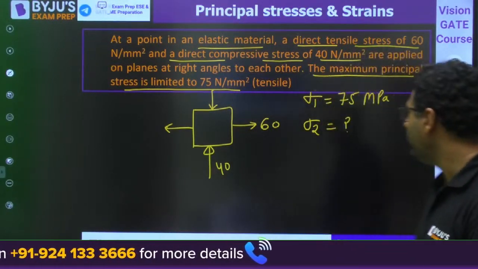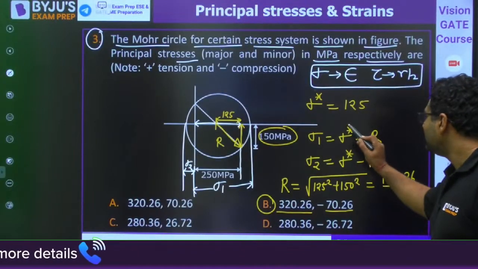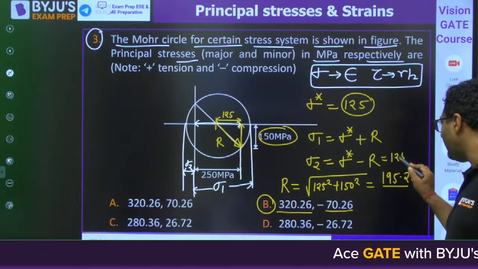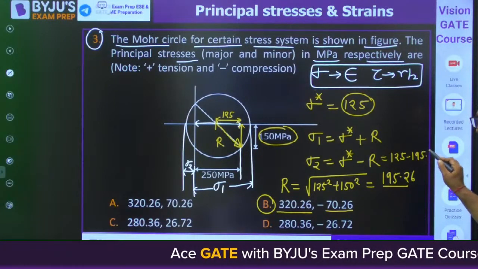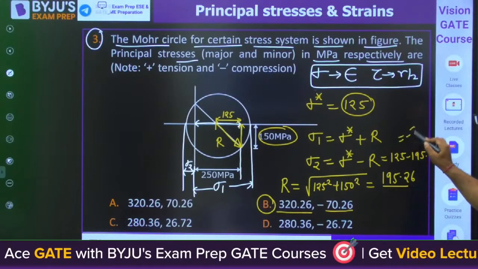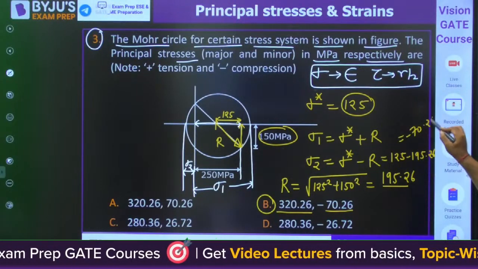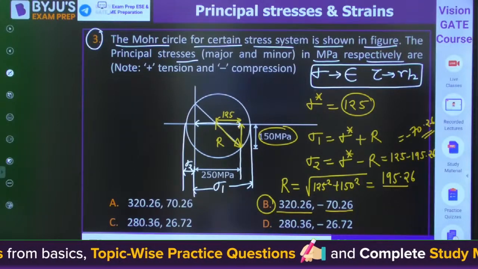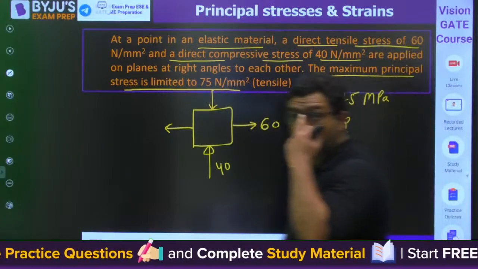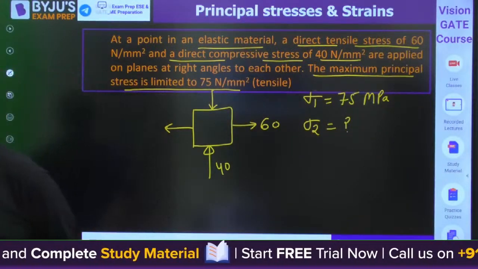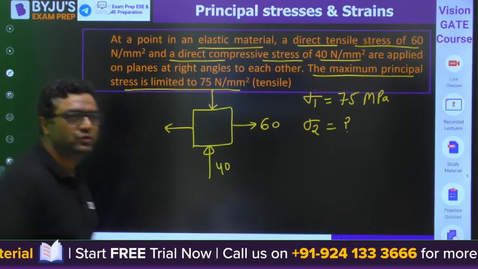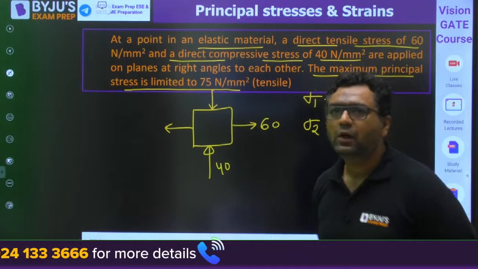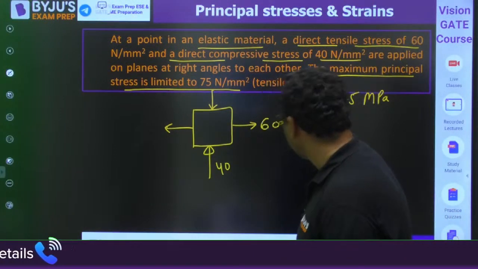Vineet, negative will be coming because this sigma star is 125. When you say 125 minus 195, it will be coming out to be minus 70. Tell me the answer to this question, guys. Okay, TPM is saying minus 55. That is correct.